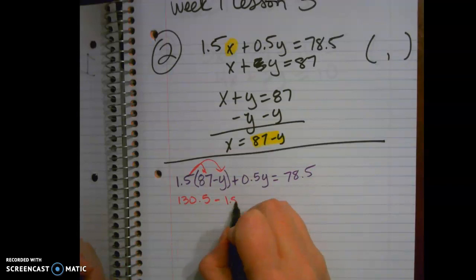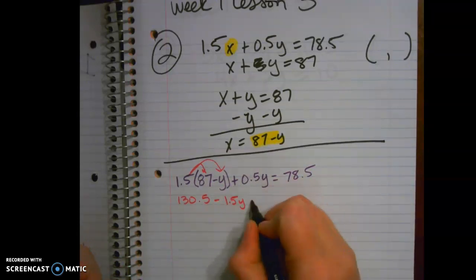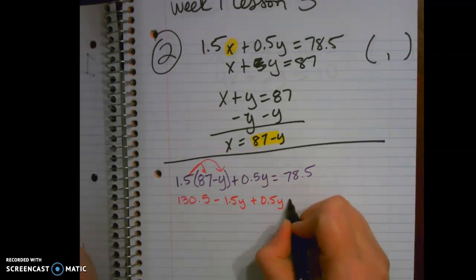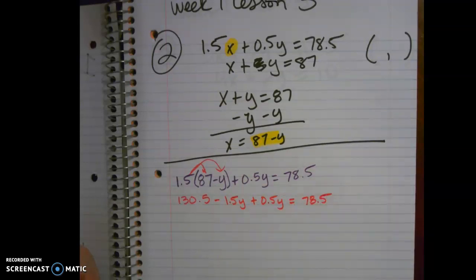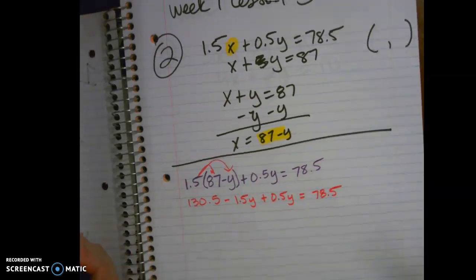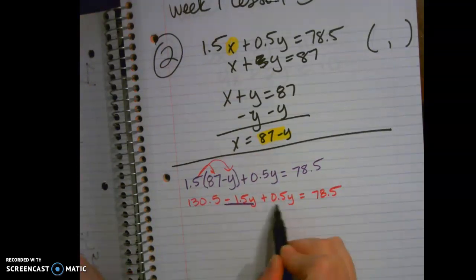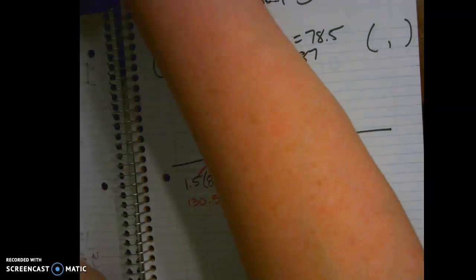Minus 1.5y. And then nothing happened here. Plus 0.5y equals 78.5. Okay. So the cool thing is, this piece and this piece are like terms.